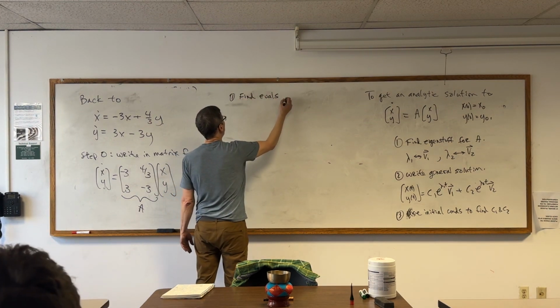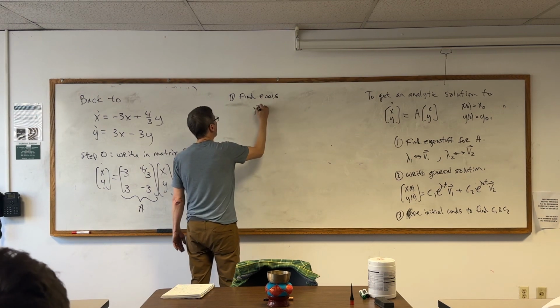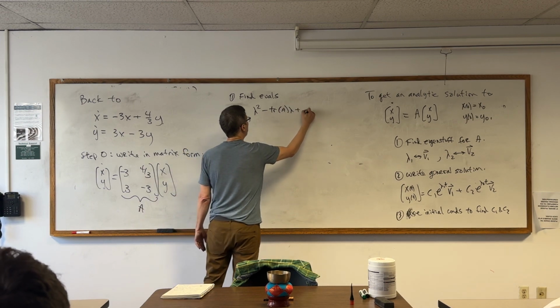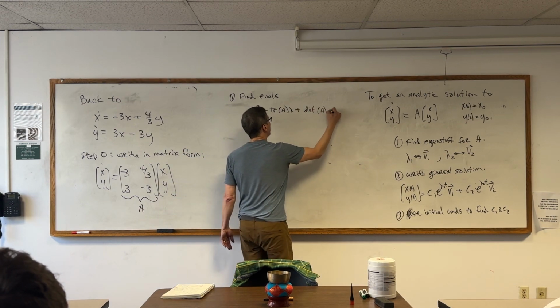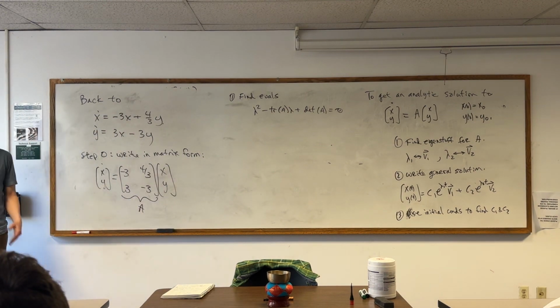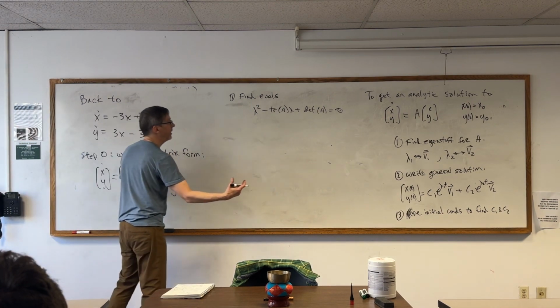Remember, this eigenstuff starts with the values, and you're going to use this form of the characteristic polynomial for lambda: lambda squared minus the trace of A times lambda plus the determinant of A equals 0.